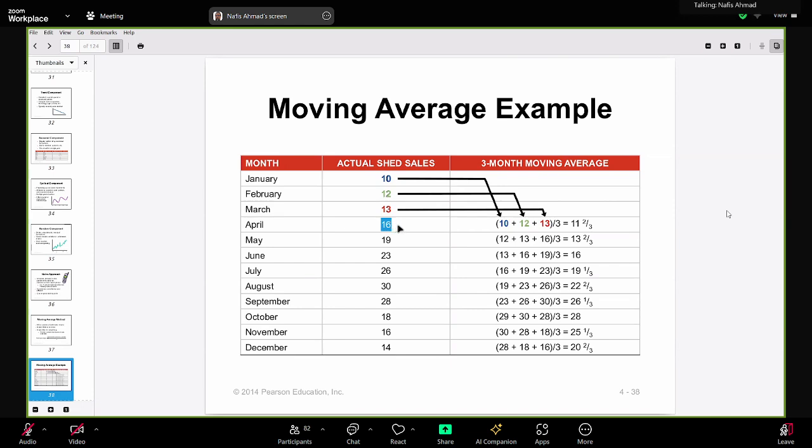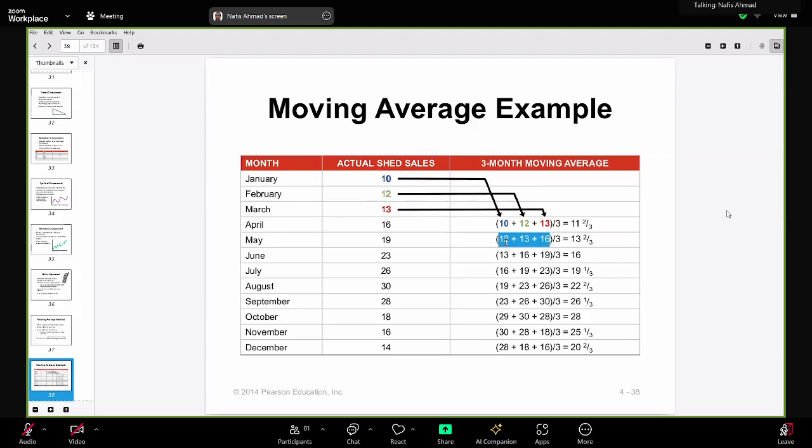Now, if we want to forecast the demand for May, we will need immediate past 3 demand information. So to predict the demand of May by using a 3 month moving average, you can calculate by using the last 3 data.